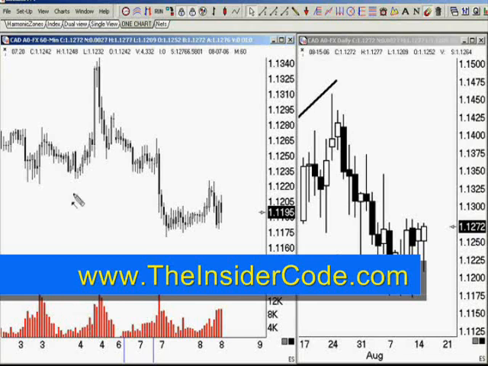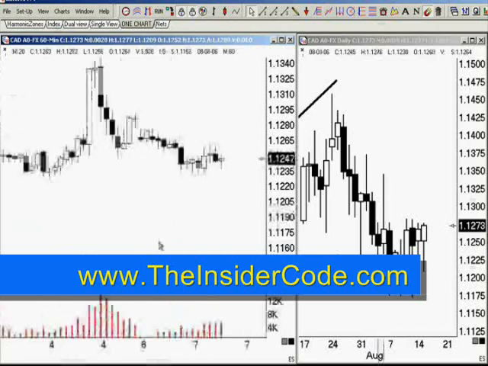Now you can see that in this area of the chart there was this area of volume. You can see that in this area, volume has a certain height. Now when we compare that volume to prior areas on the chart, such as here and here, we can see that relatively speaking, the area is low.